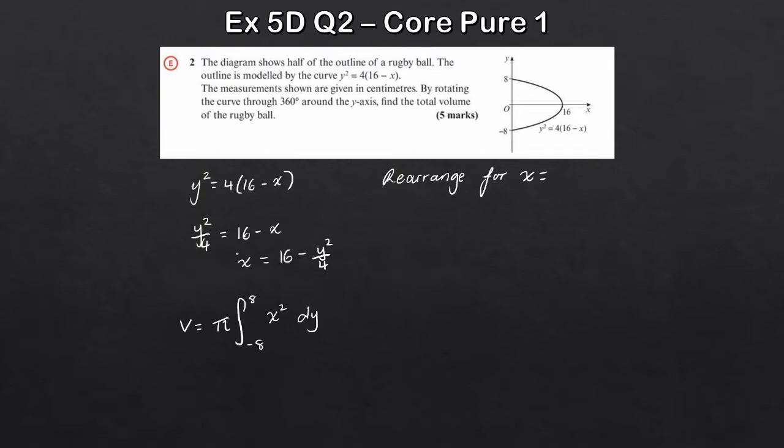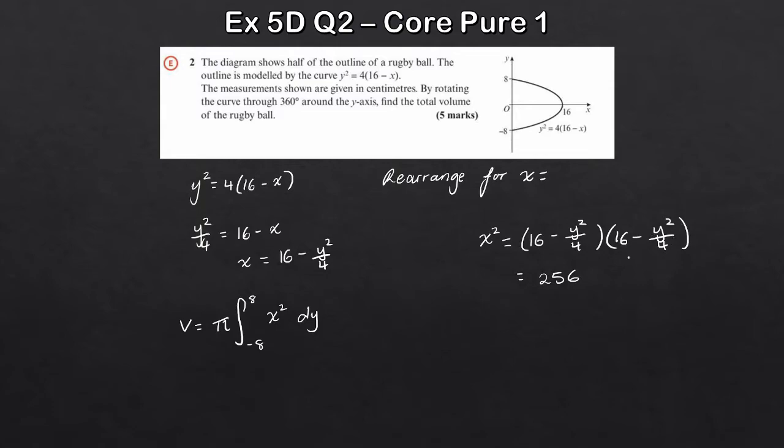Well, x squared would just be squaring this here, so x squared is going to be 16 minus y squared over 4 times 16 minus y squared over 4. So this should be hopefully pretty straightforward. If you expand this, you'll get 256. So you do 16 times minus y squared over 4.